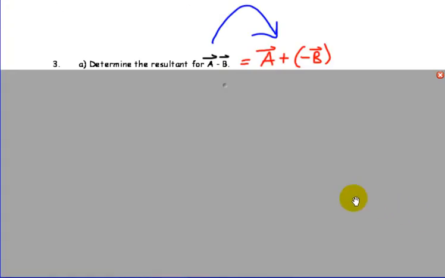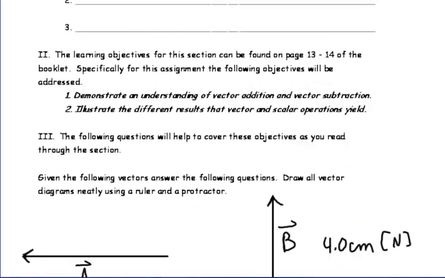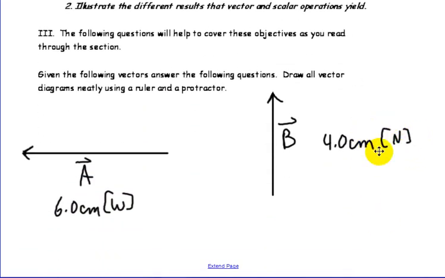So if we're doing this question over here, determine the result of vector A minus vector B. Think of it as vector A combined with the opposite of B. Now the opposite of B is simply the same vector but pointing in the opposite direction. So if B is 4 centimeters north, negative B is 4 centimeters south.